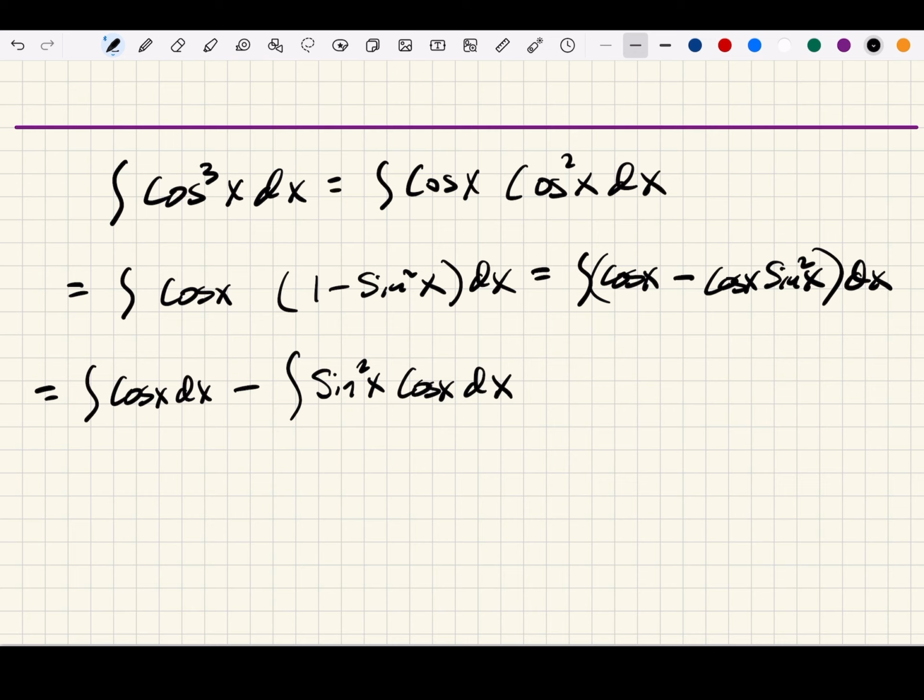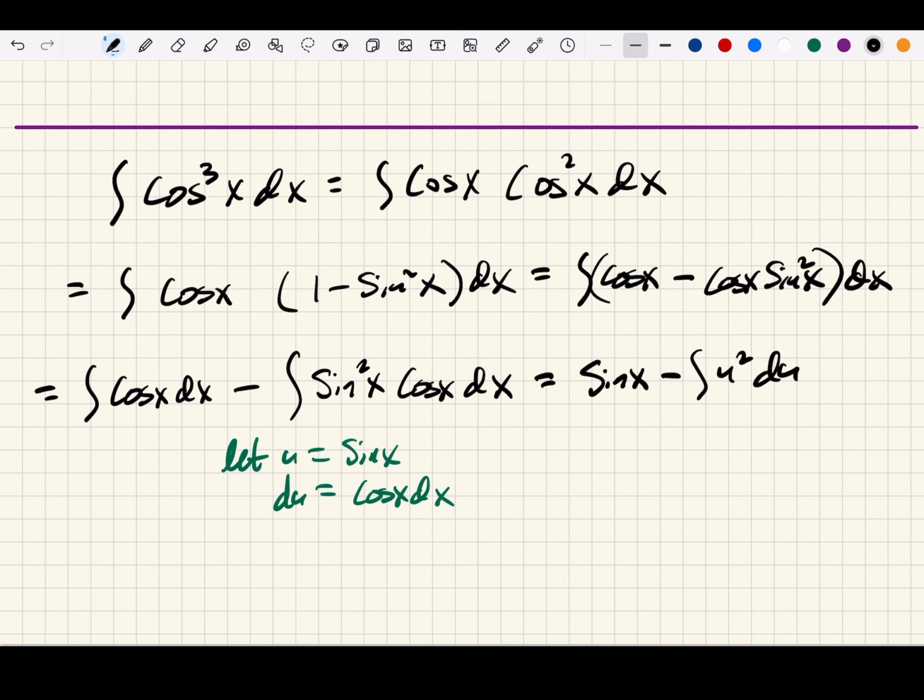Well, the first one's just going to be sine x. So I just have sine x minus, and then I'm going to make a u substitution for the second one. I'm going to let u be sine x, then du is cosine x dx. So I have the integral of u squared du.